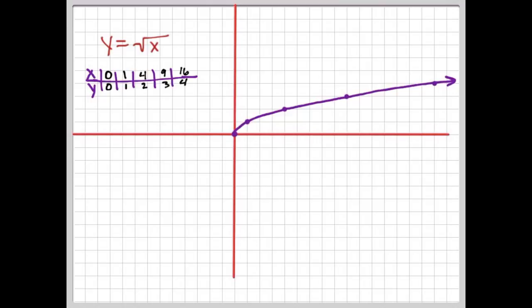Let's do another one. Let's try y equals radical x plus 7. So if I was making a table, how would I change my values?